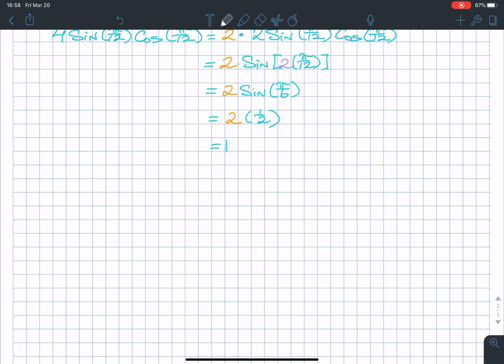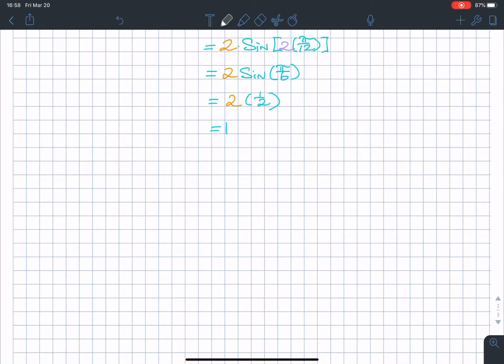Okay, and the last little example before I stop this video will be 2 tangent of pi over 6 divided by the quantity, 1 minus tangent squared of pi over 6.